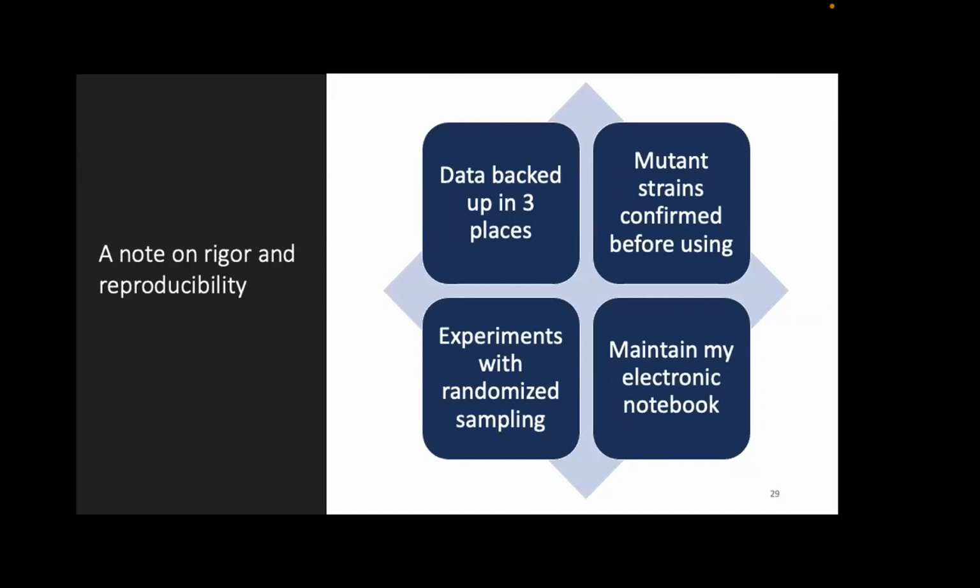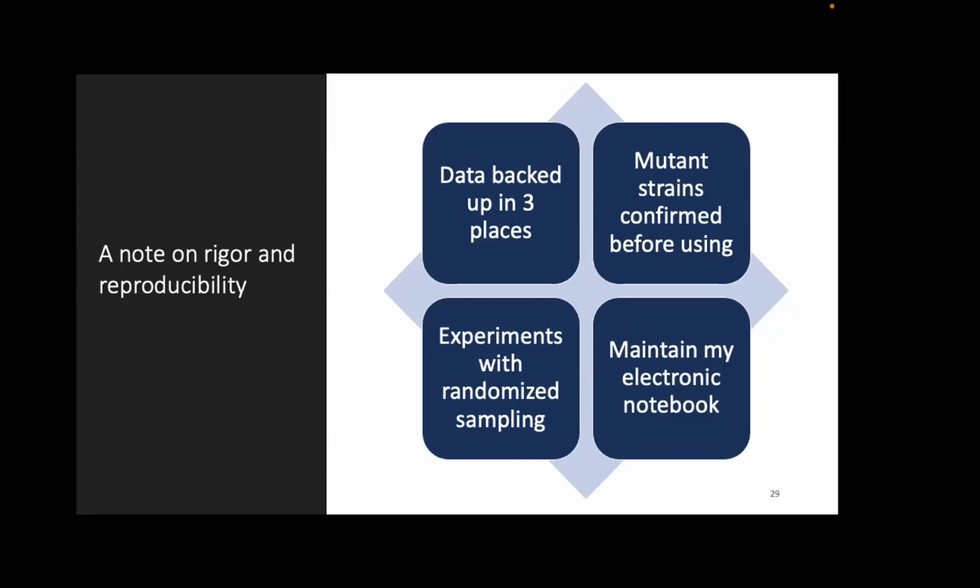So I try to be very paranoid and try to back it up in as many places as possible. I've also been very fortunate to get a lot of different mutant strains from a lot of different collaborators. But when I get them, I try to be very careful and I try to confirm that they're the actual mutant that I think they are. And I try to also confirm them sporadically.